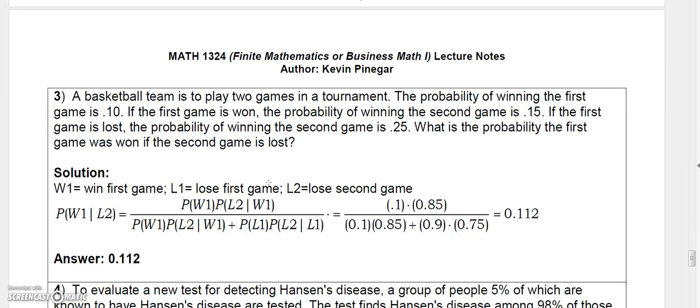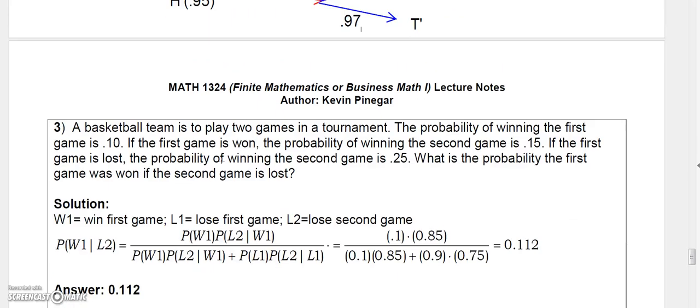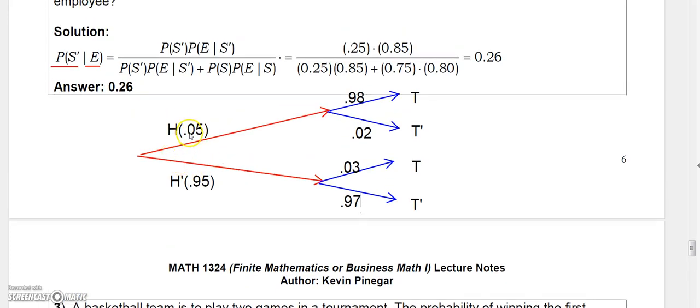So now if we want to answer this question, we want the probability of H given T. So the numerator, remember, we multiply the path from H to T, which is 0.05 times 0.98. And so when I go back down there, you'll see the 0.05 times the 0.98 on top.